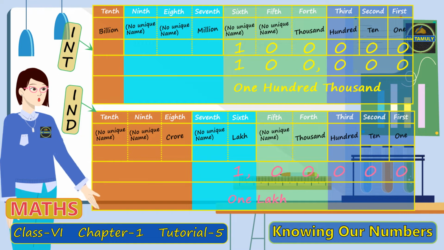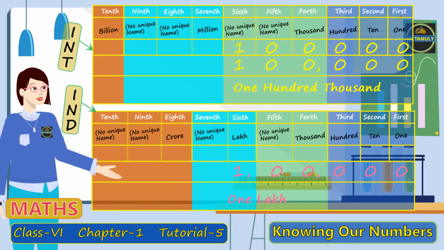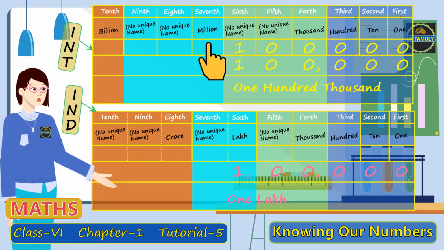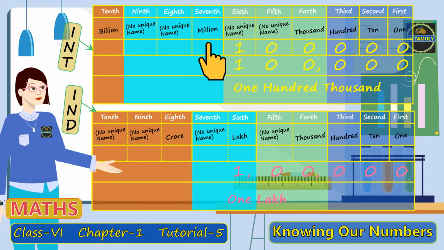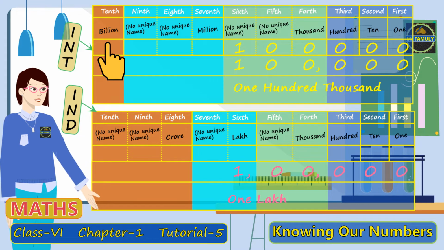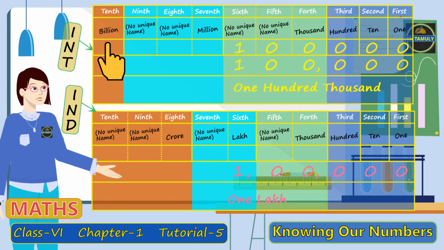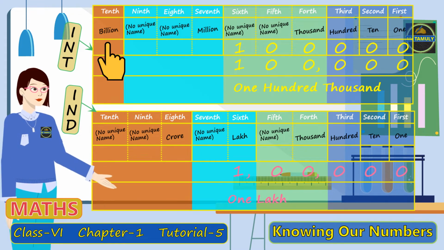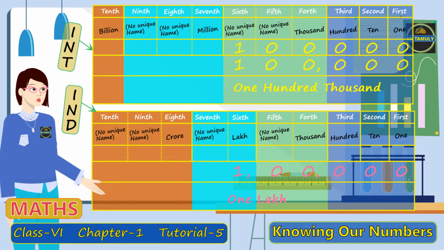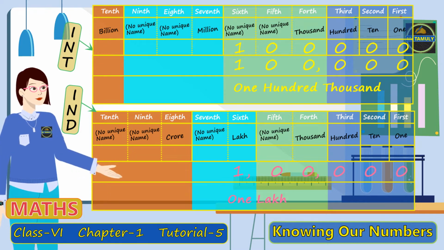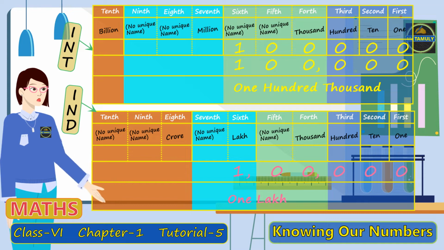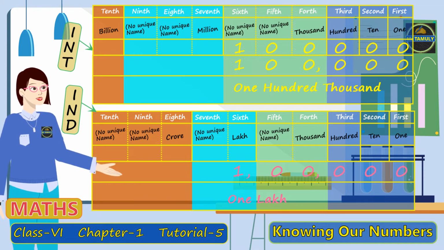On the other hand, in the international method, the crucial positions are the 7th position and the 10th position, having the names million and billion respectively. So the combined positions in the international method are different in comparison to the Indian method. And therefore, the positioning of commas is also different.